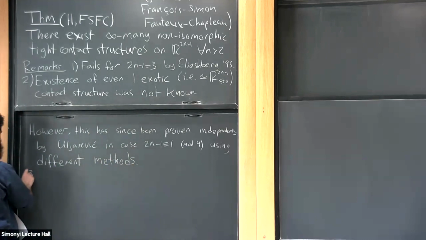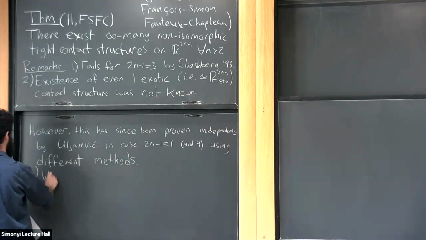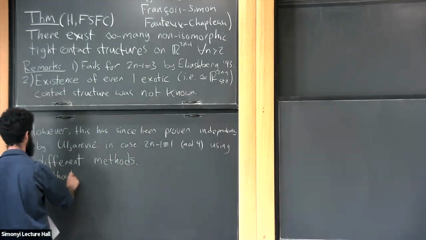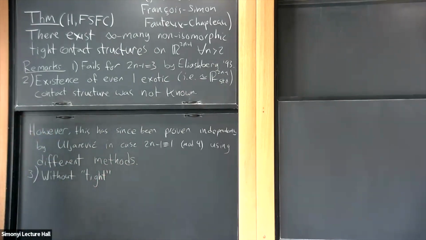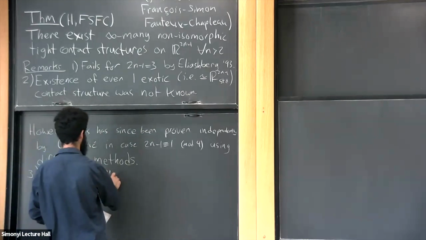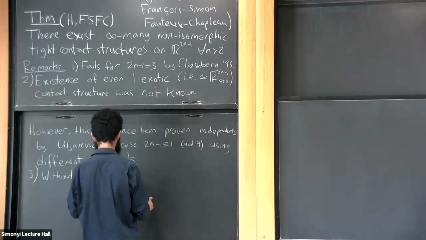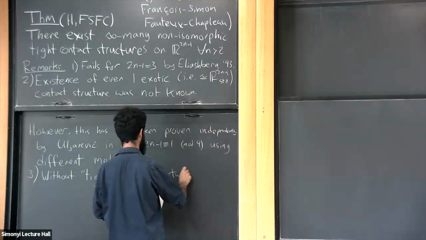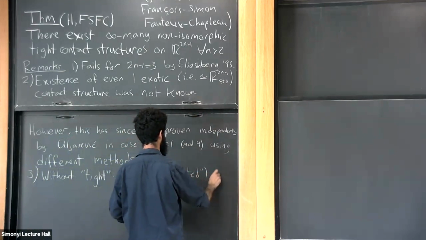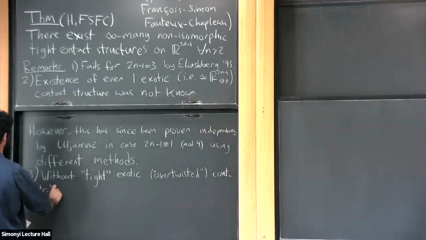Third, a comment on the place of the word tight in the theorem. If I hadn't written tight, that was already known, that there's an exotic one, namely overtwisted contact structures were already known to exist.